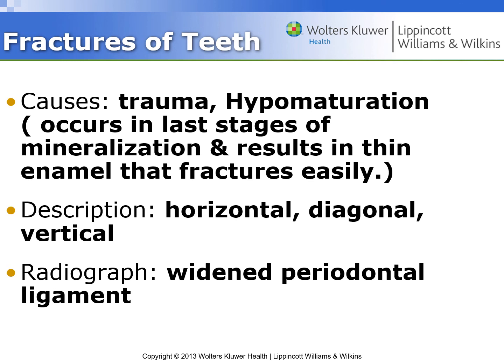So fractured teeth causes are trauma, hypomaturation. Hypomaturation is less than normal maturing of the tooth. It occurs in the very last stages of mineralization and results in really thin enamel that fractures easily. And so these type of people can be prone to their teeth fracturing. This can also be from trauma.